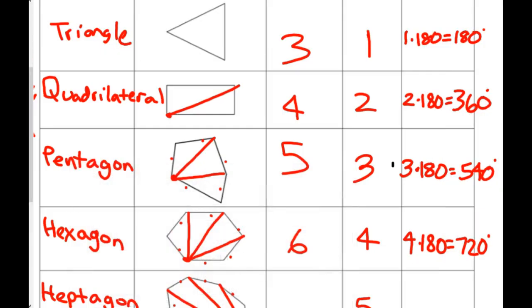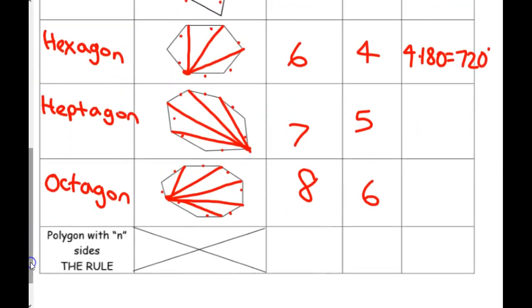Okay. 5 triangles times 180, 900. And then octagon, 6 triangles are made times 180, 1080.